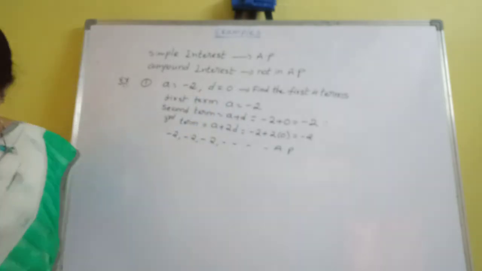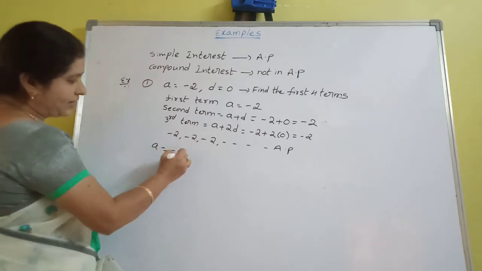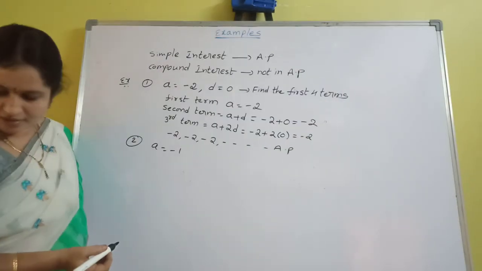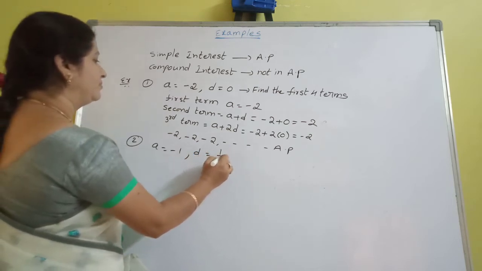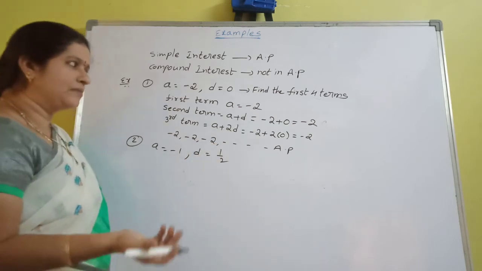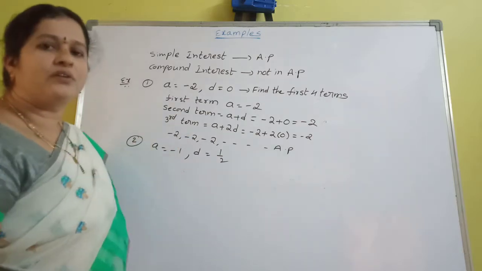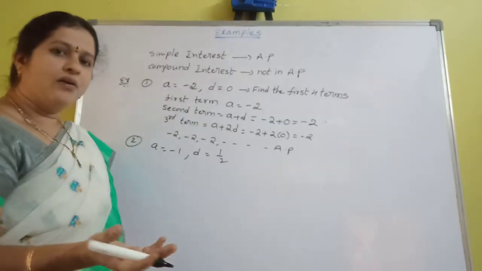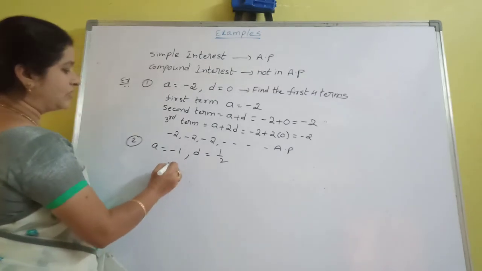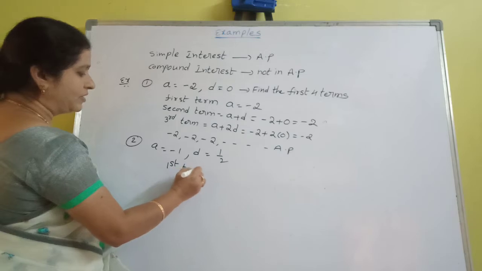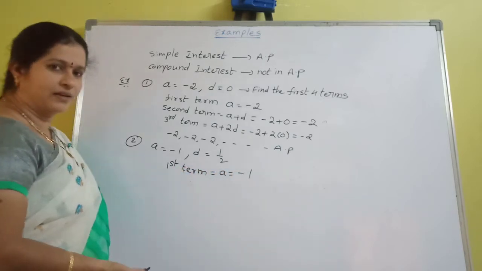Okay. Let us see one more example. A equal to -1 and D equal to 1/2. Find the series. The question may be to find the series, or find the first 4 terms, or find only 3 terms, like this. So here also the first term equals A, simply -1.